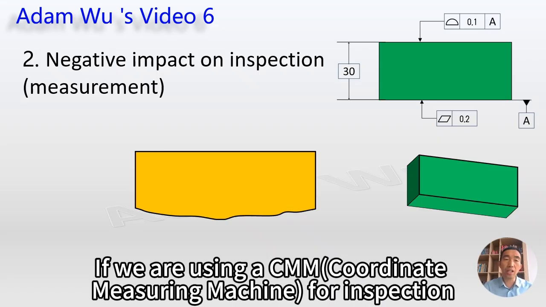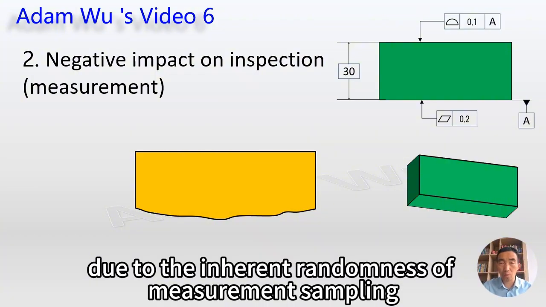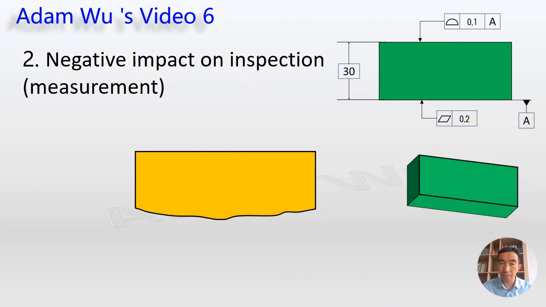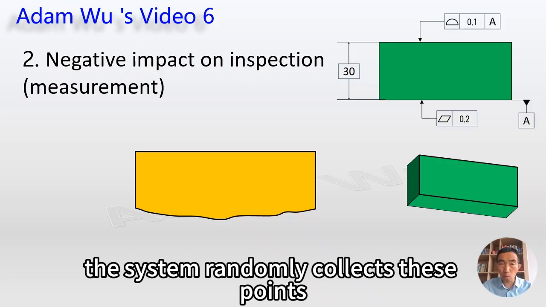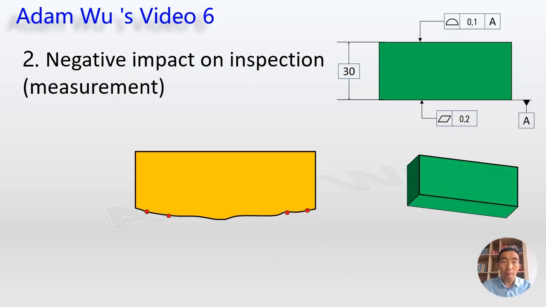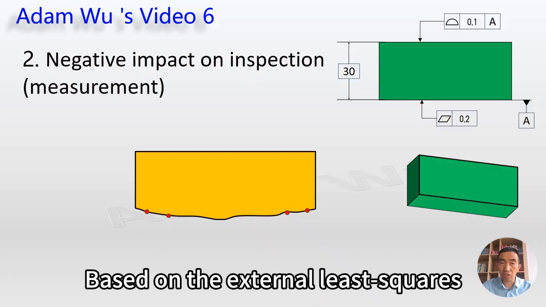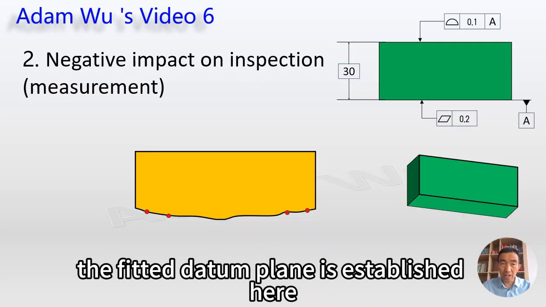If we are using a CMM for inspection, due to the inherent randomness of measurement sampling, suppose that in the first measurement, the system randomly collects these points. Based on the external least squares method, the fitted datum plane is established here.